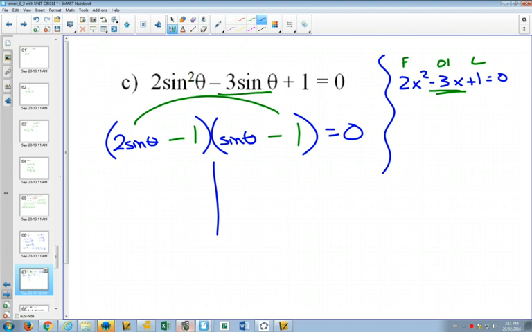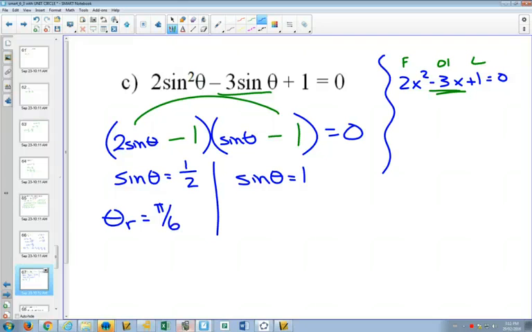Now we can split it up here. What would make this equal to 0? If sine of theta were equal to 1/2. What would make this equal to 0? If sine of theta were equal to 1. Is 1/2 on your pie plate? Yes. What family?